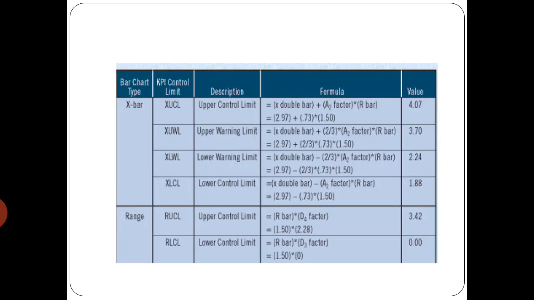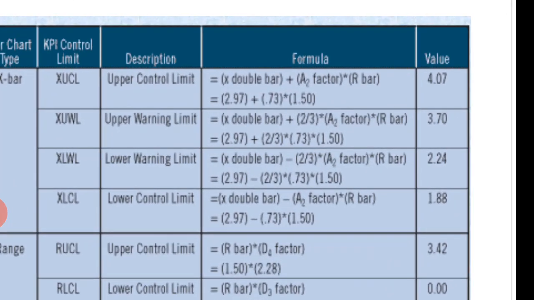A typical example is taken here, showing how it is calculated for X bar and range. The upper warning and lower warning limits are also given, but that's not needed. You just see how it's calculated with the formula. Here you can see X double bar plus A2 factor into R bar. So finally you will reach the value 4.07.